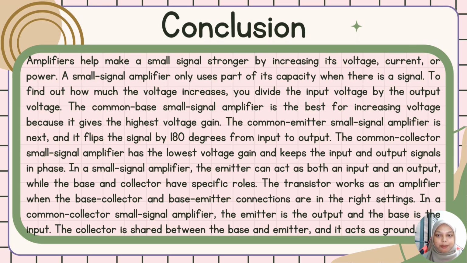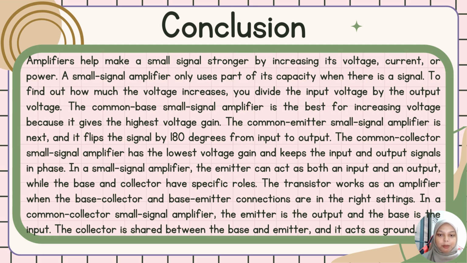In conclusion, amplifiers help make a small signal stronger by increasing its voltage, current, or power. A small signal amplifier only uses part of its capacity when there is a signal. To find out how much the voltage increases, you divide the output voltage by the input voltage.